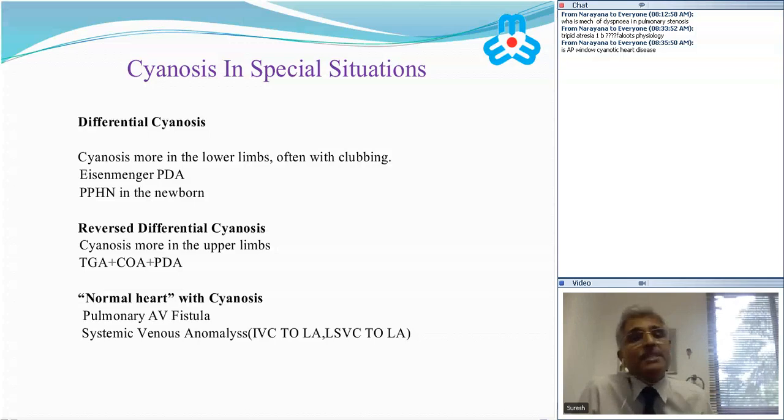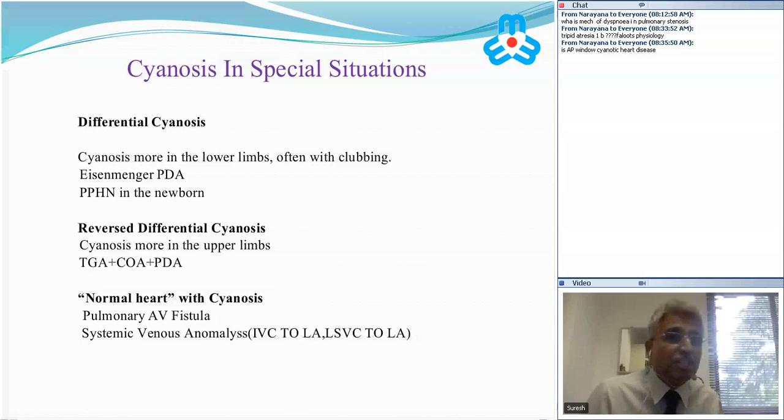So if you had a transposition and a coarctation with a PDA, this is not an impossible combination because coarctation has a greater association with PDA, and certain PDA-like physiologies like truncus may have as much as 30 to 50% association with coarctation. So this is not an unusual thing to happen in pediatric practice in very young neonates and infants. So if you have a PDA and a coarctation, it is the lower limb which has better saturation, the upper limbs have a lower saturation.